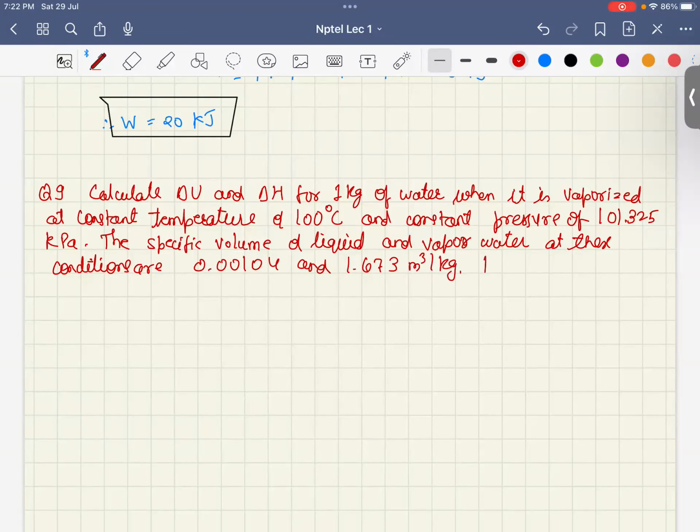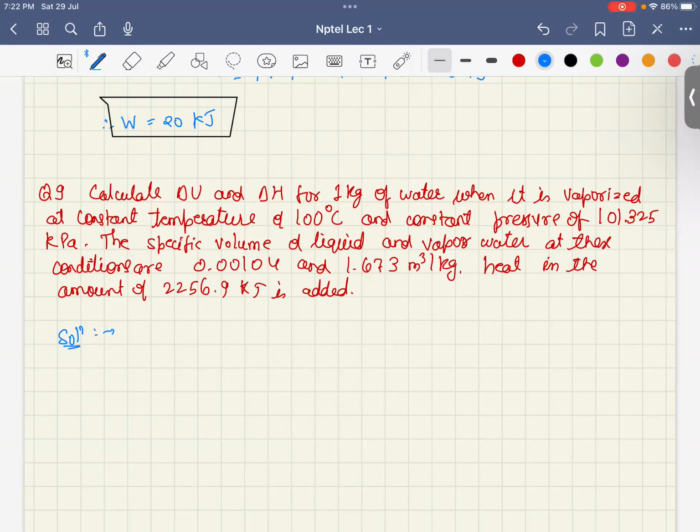And heat in the amount of 2256.9 kilojoules is added, right? It's a similar question.